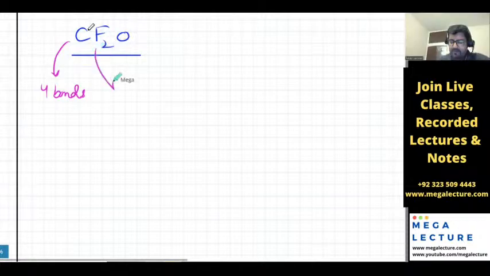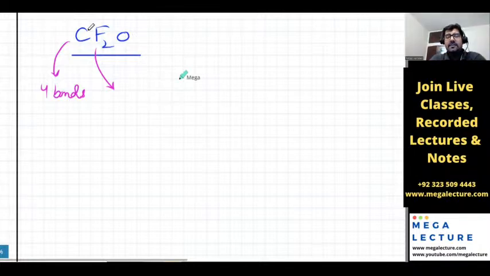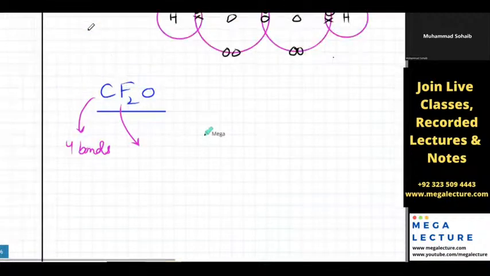Fluorine is in group 7. So how many bonds? Group 7 means it already has 7 electrons in its outer shell. So how many more electrons does it need? One more.